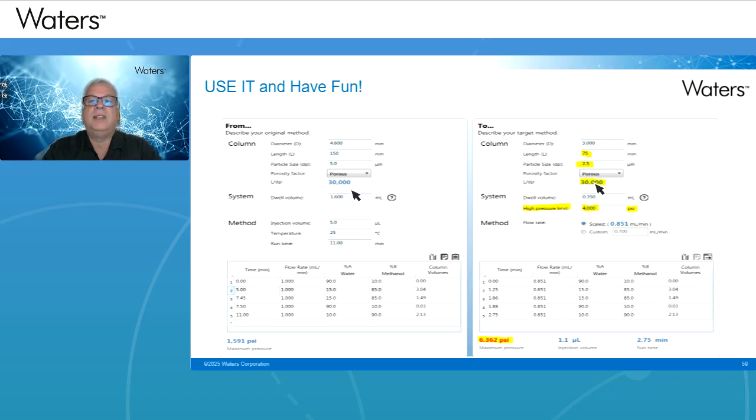And if the limitation of the system was 4,000 psi, I know that this one will be exceeding the back pressure. So I will need to say, no, let's go with a 3.5 instead with 100 millimeter long to preserve the same 30,000 L over dP. And then the back pressure will be lower. So that will be the column I will recommend to use. Okay.